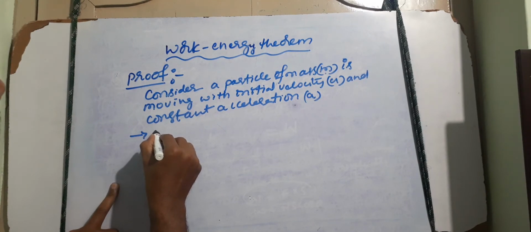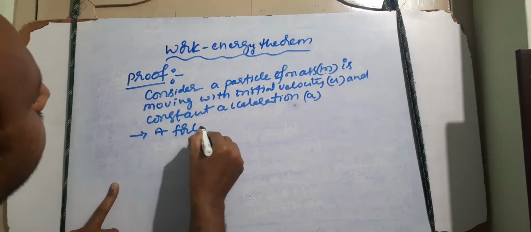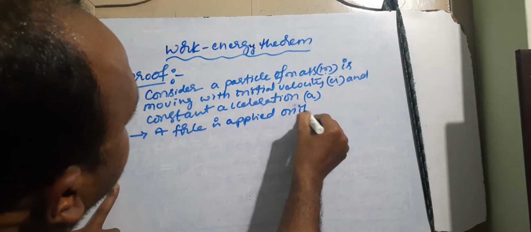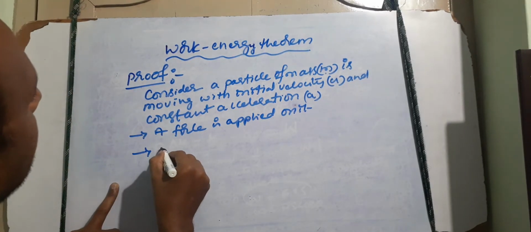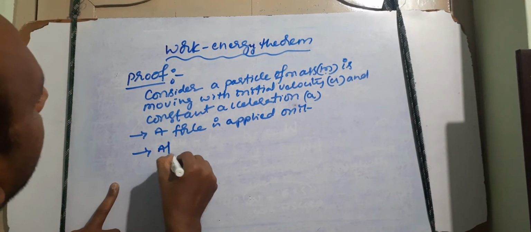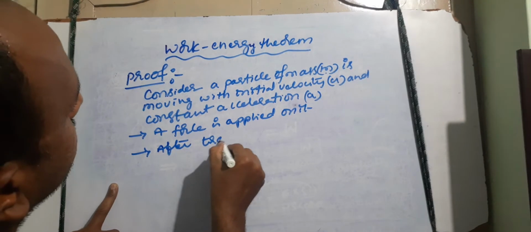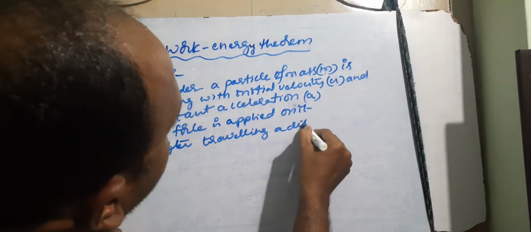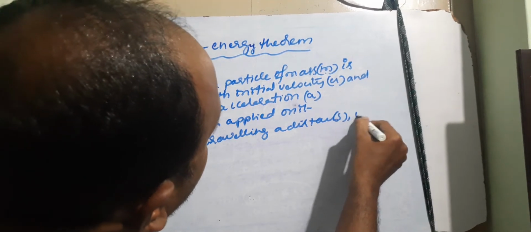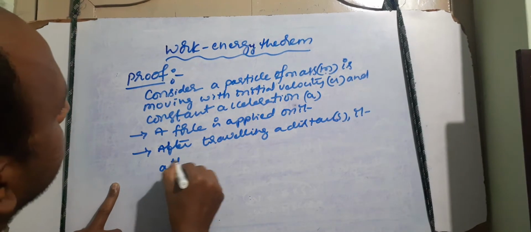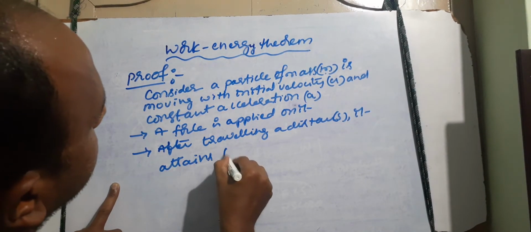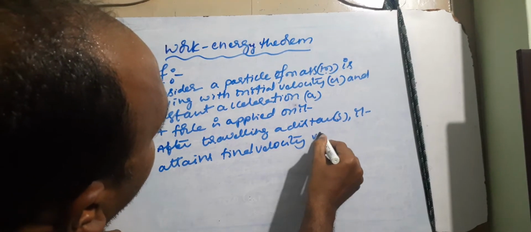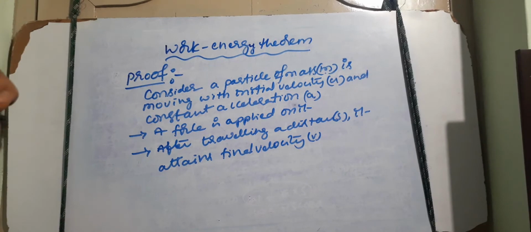Suppose a force is applied on it, then after travelling a distance s, it attains a final velocity v in the direction of applied force.